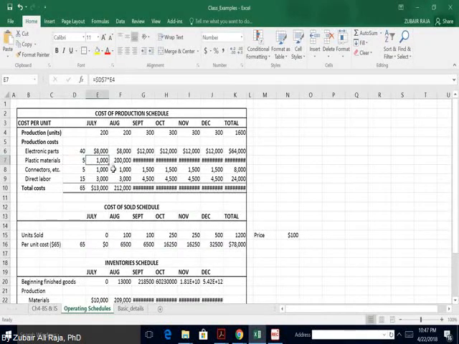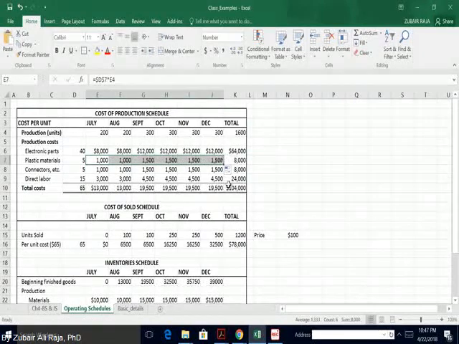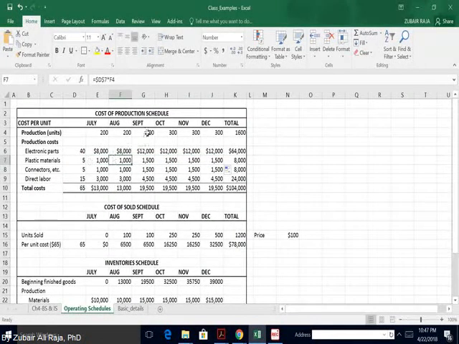Now if I move it, everything will come into order. Look, now this is 200 multiplied by 5, 300 multiplied by 5, this 300 multiplied by 5, this 300 multiplied by 5 to get 1500 in November, and likewise the 300 in December multiplied by 5 to get 1500 in the month of December.